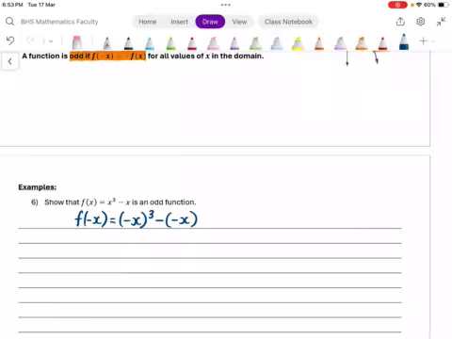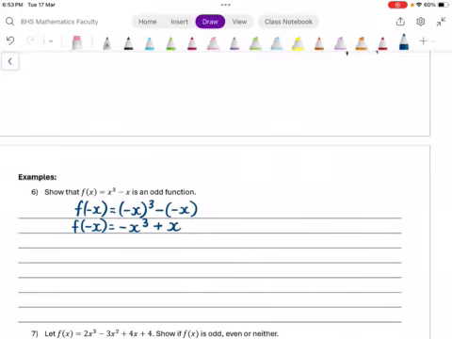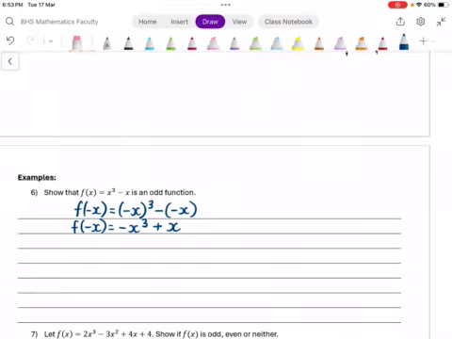minus negative x. Now, anything that is cubed stays the same sign. So that means that negative x cubed is just negative x cubed. And then we have a negative times negative x to make plus x. What we want to do for our odd function is we now want to factorize out the negative.